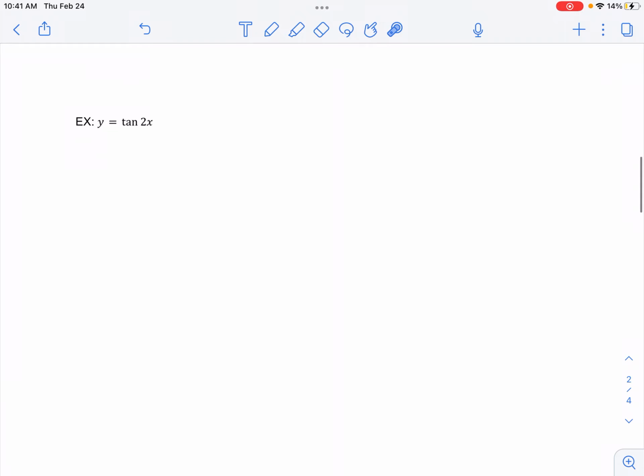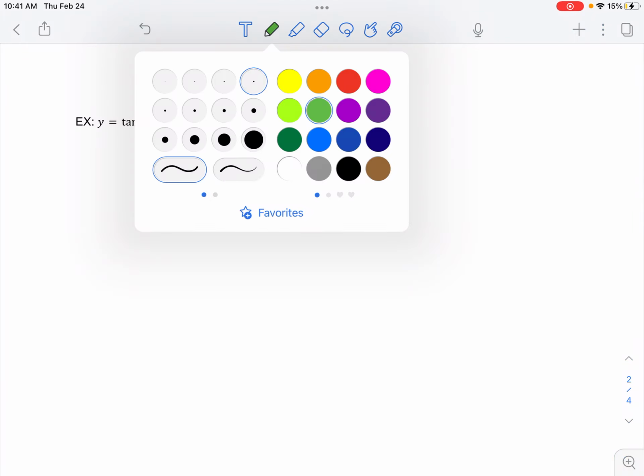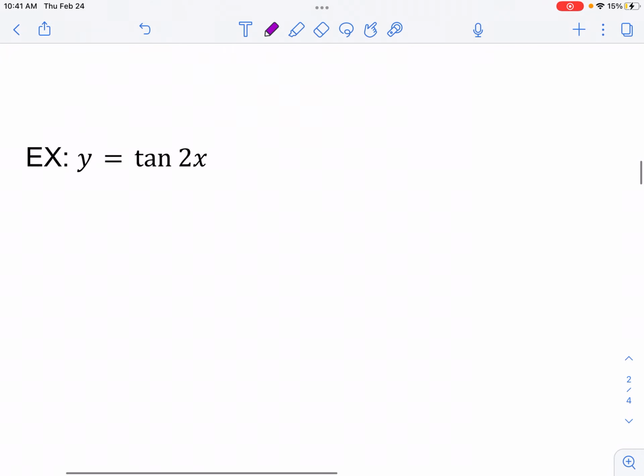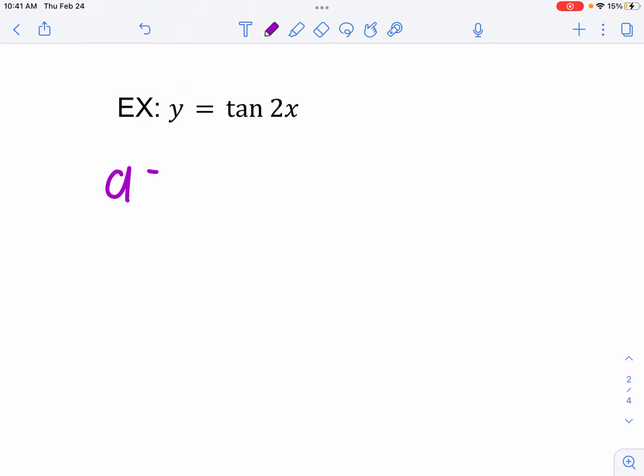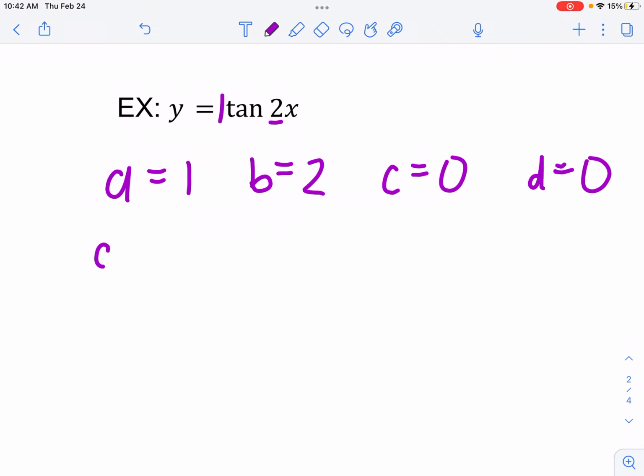Let's try another example. So we've got a bit of a period change. We'll see that happening here. Let's go ahead and find A, which is going to be 1. My B, I got a B here, is 2. No C and no D. Okay, amplitude, 1.